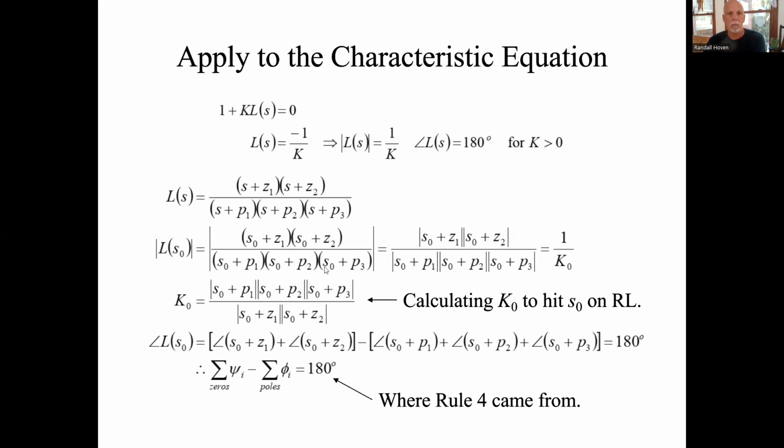So this overall magnitude equals 1 over k, whatever k you're looking for, this k sub 0, which just means a particular k. So we can calculate k sub 0 this way: we turn the L upside down and put the point we're interested in everywhere there's an s in L. And that's how we calculate k sub 0.